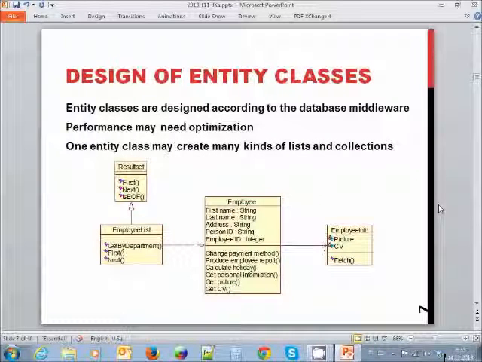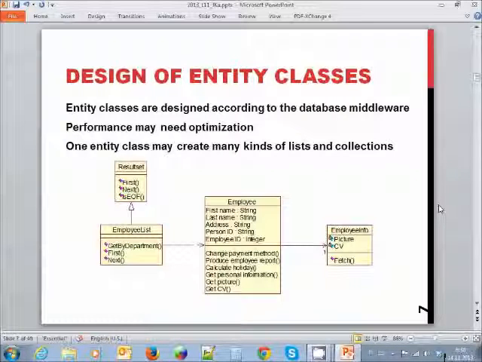The entity classes are the ones which are closest to the actually implemented things from the group of BCE classes. Their design, of course, changes to suit the abilities and requirements of the database which is used, or the database middleware, meaning the software or layer which controls the actual physical database.